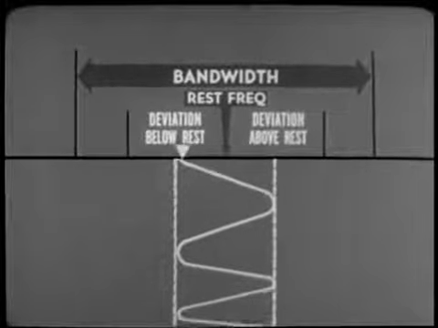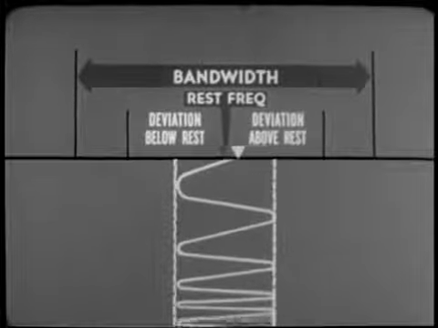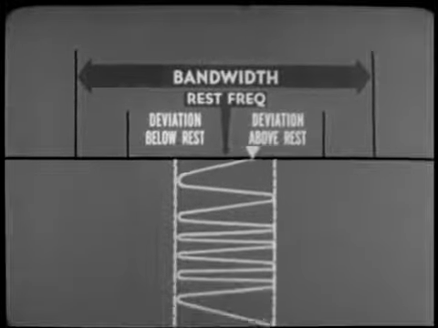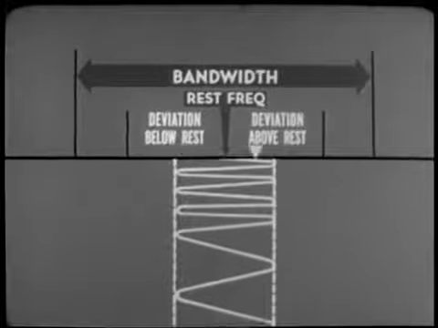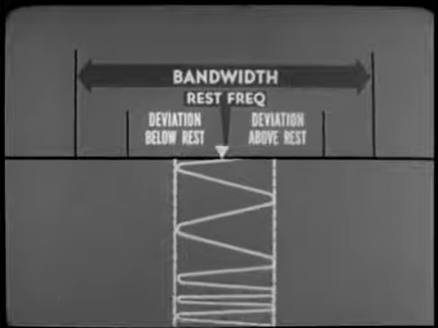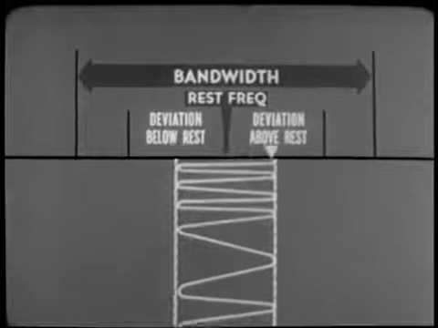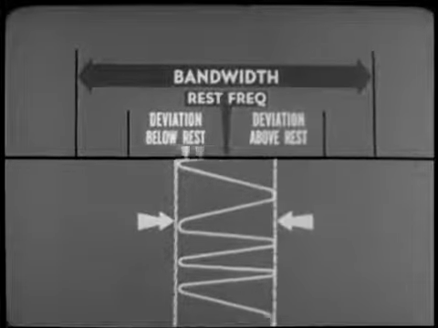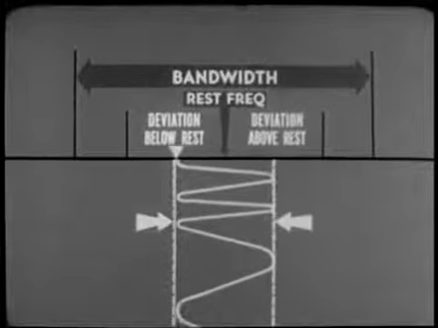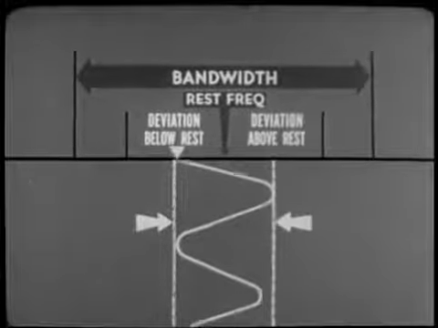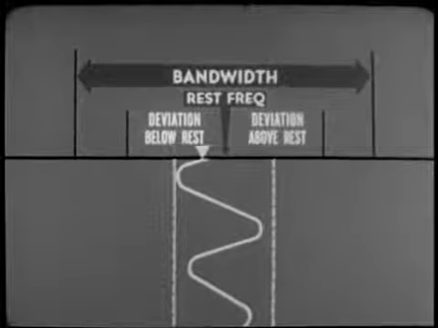If we raise or lower the frequency of the modulating signal, we increase or decrease only the speed at which the carrier moves above and below its rest frequency. We do not change the extent of its deviations.